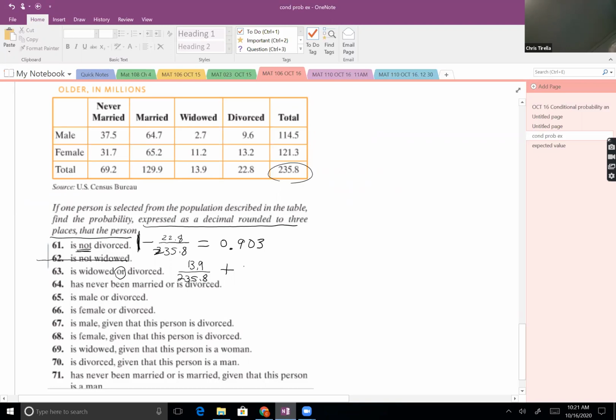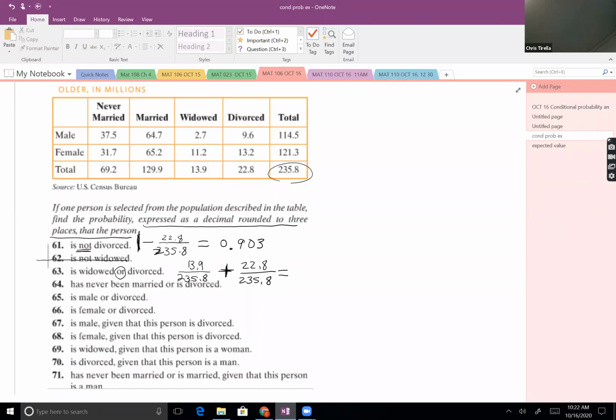Or divorced, 22.8 over the total number in the sample space. And the word or tells me to add. Is everybody all right? Those ones are mutually exclusive. They don't have anybody in common.